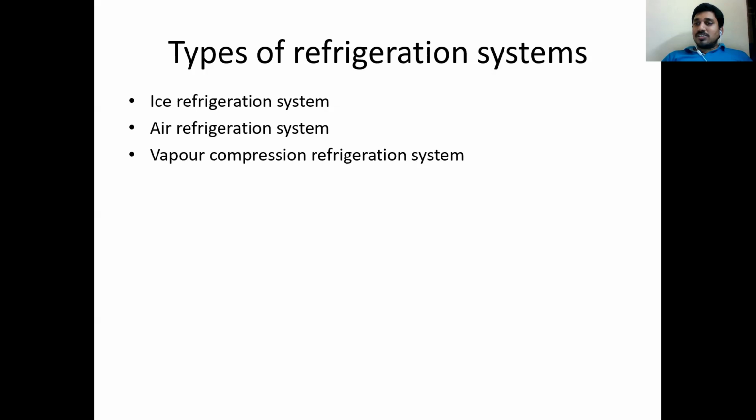The vapor compression refrigeration system, called the VCR system, is very commonly used in domestic and industrial applications. I will discuss later what its parts are and how it works. Next is the vapor absorption refrigeration system, called the VAR system, using waste heat gases or solar energy, where electricity is not available properly, in rural areas.